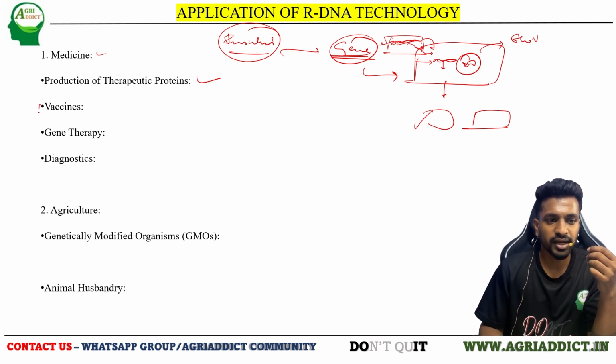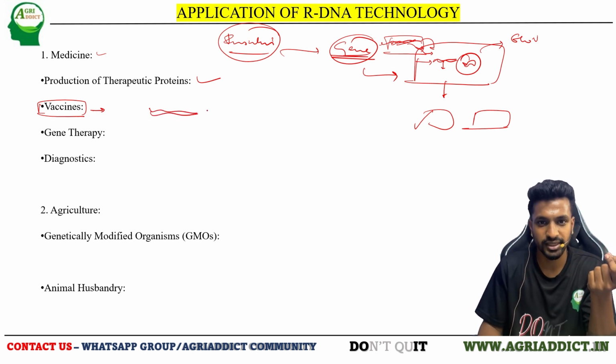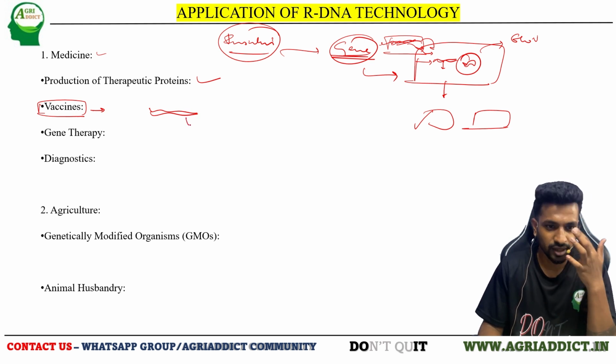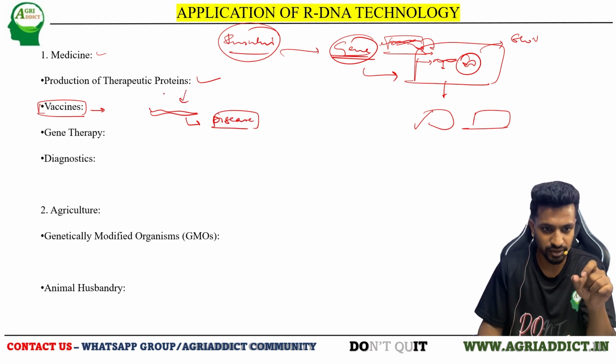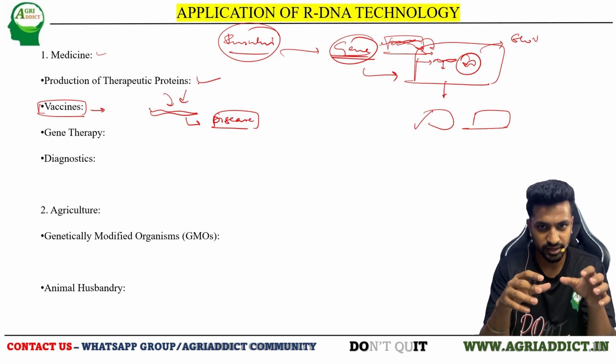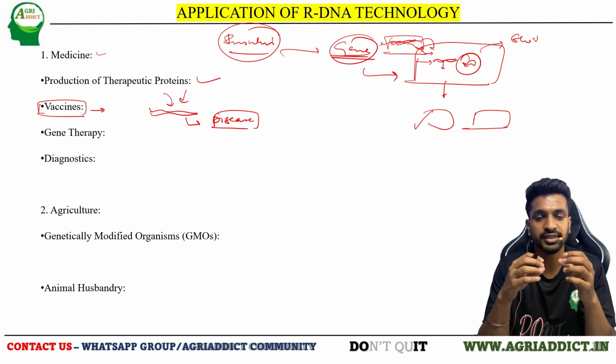Next, similarly in the case of vaccines, how do they work? If there is a certain disease caused by a certain gene, we can take out the DNA, or a part of this gene, and incorporate it into the host cell in which we want to make it resistant.